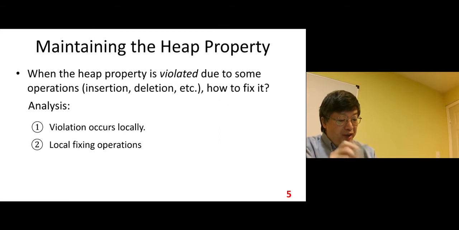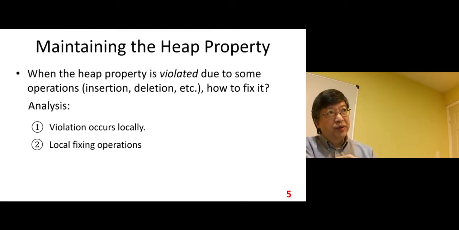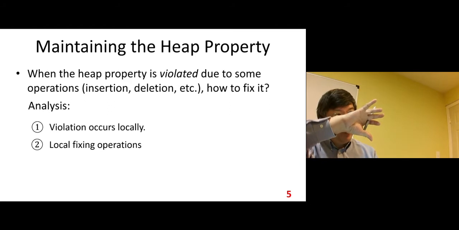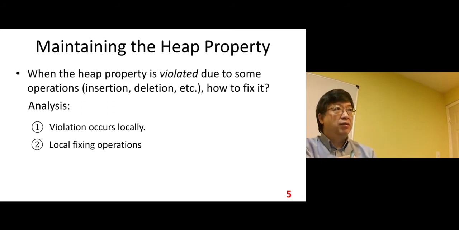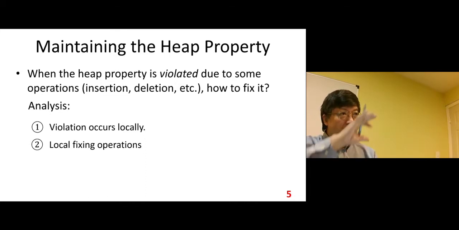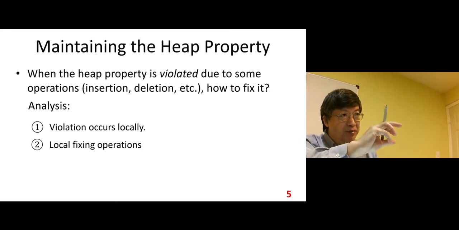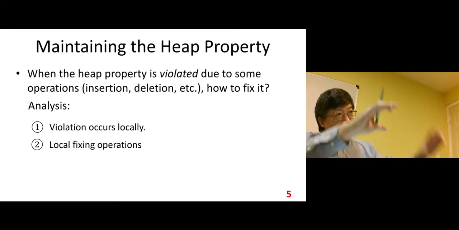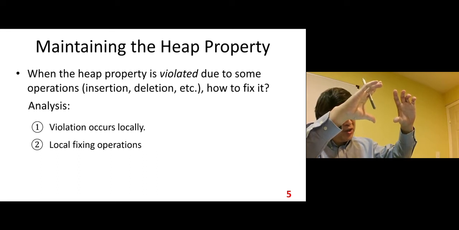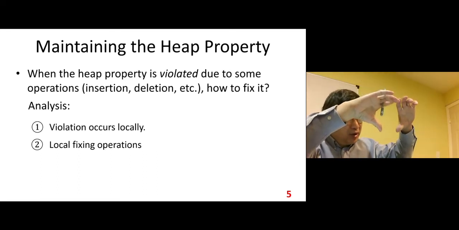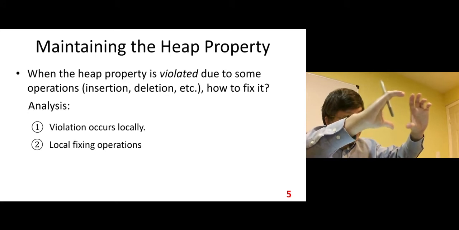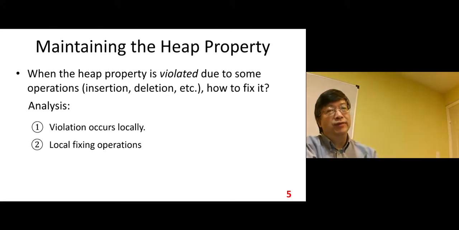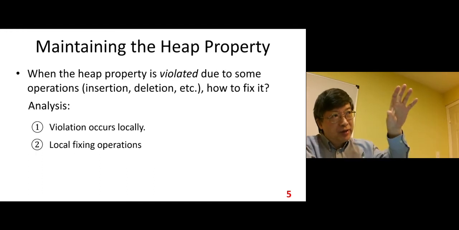Number 2, local fixing operations. When we fix that violation, we do it locally. So what's that? We only consider the violation around that bad node, right? But after we fix it, we need to change one of its child nodes.